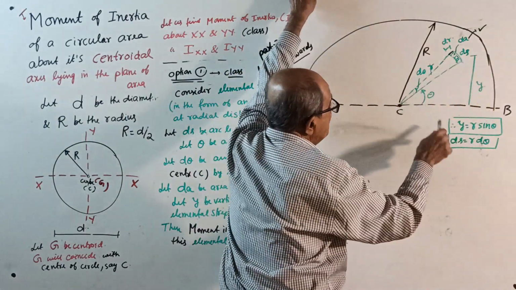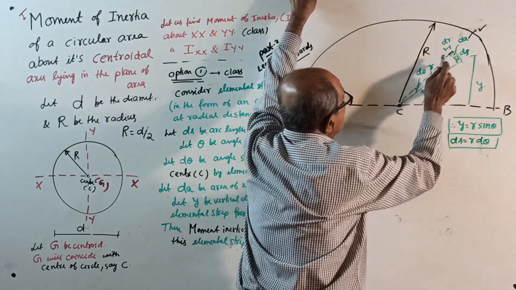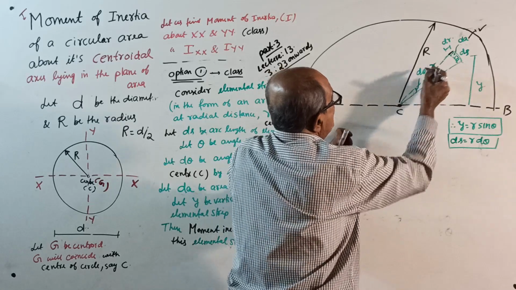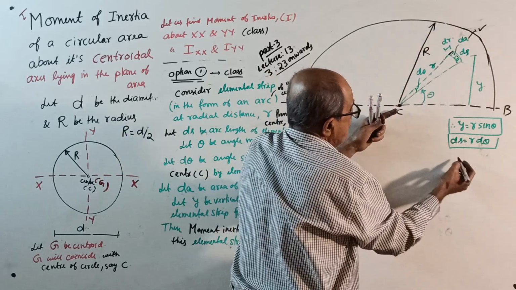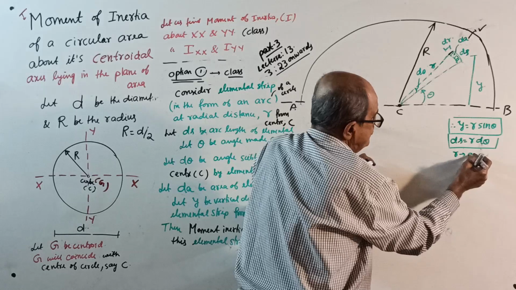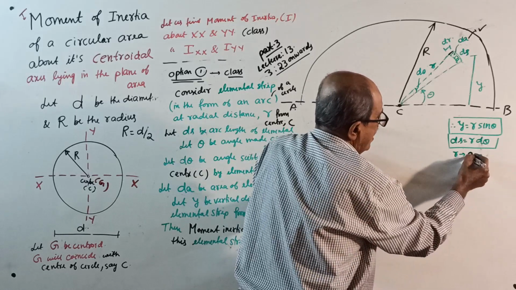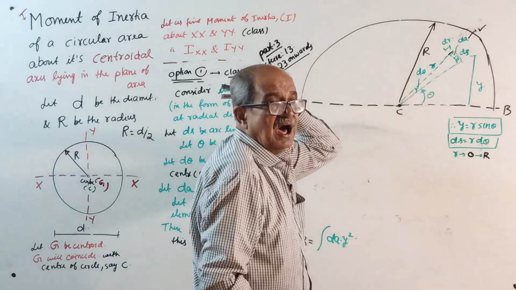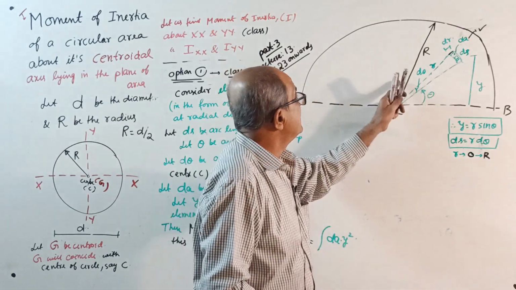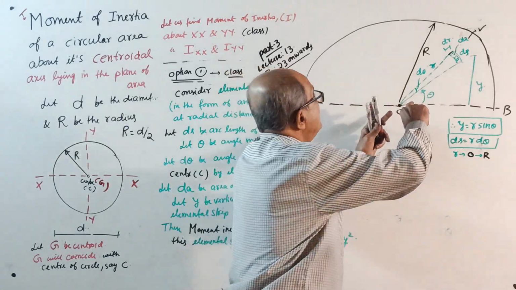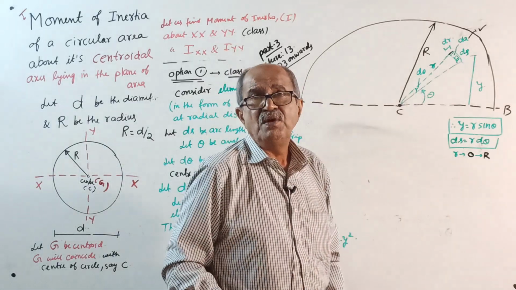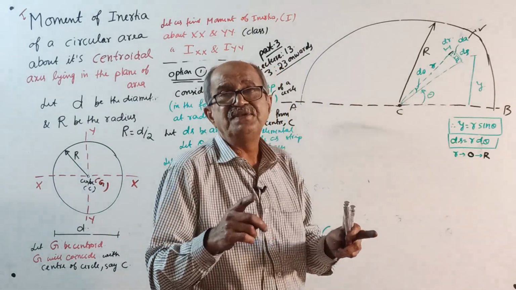So later remember, your radial distance r will vary from 0 to r. Whether it is circle or semicircle or quadrant, this r will vary from 0 to r, but theta will vary depending on whether you consider full circle, semicircle or quadrant.